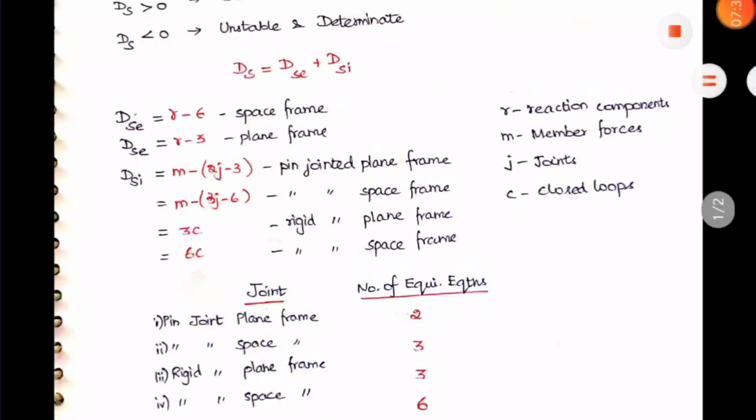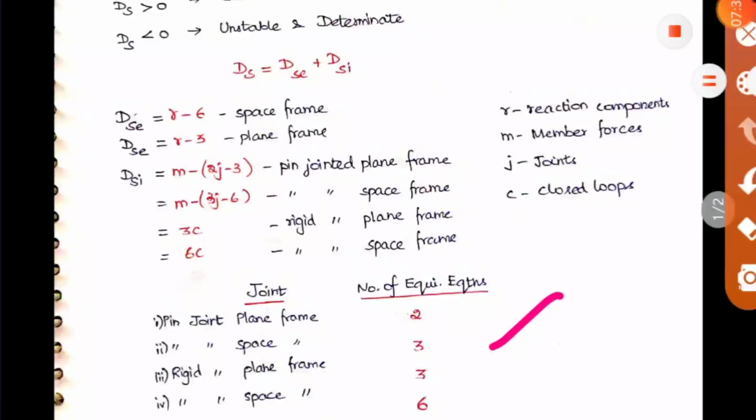So in the joint they have given pin jointed plane frame and rigid jointed plane frame. We all know that in a pin joint only two reactions will be happening there, only vertical and horizontal reactions. And in case of fixed joint or rigid joint there will be three reactions, that is vertical, horizontal, and a moment acting there.